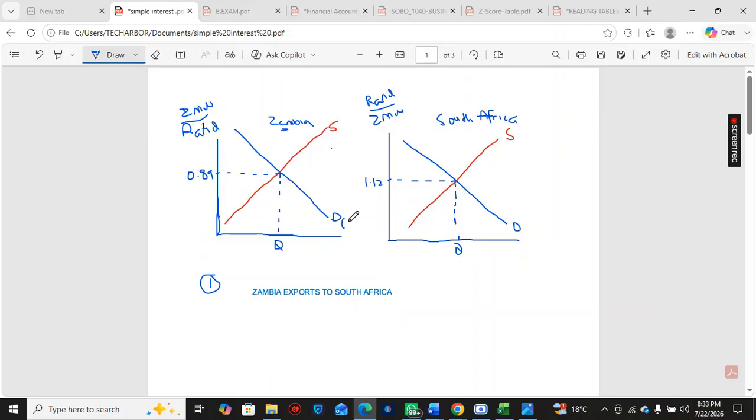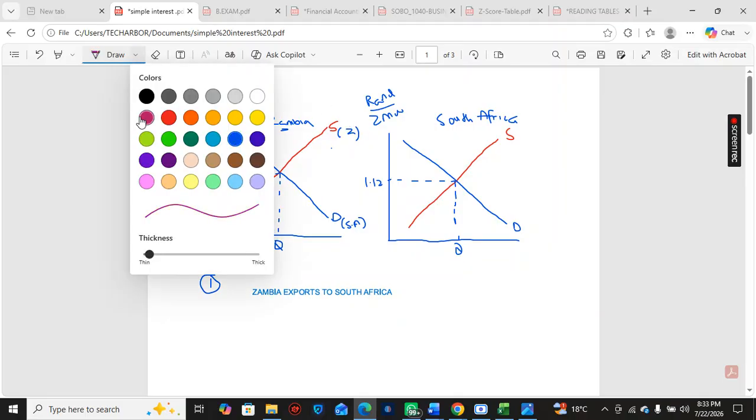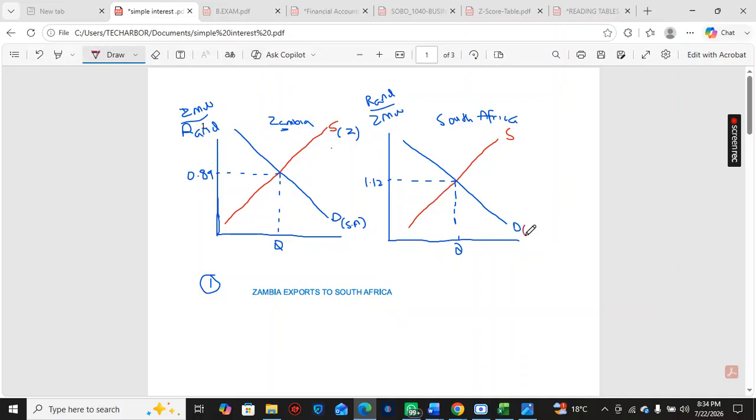It's the South Africans, so I'll put SA here. The ones who supply the kwacha, the Zambians, so Z here. And then on this graph for South Africa, the ones who demand the rand, Zambians. The ones who supply the rand, South Africans.